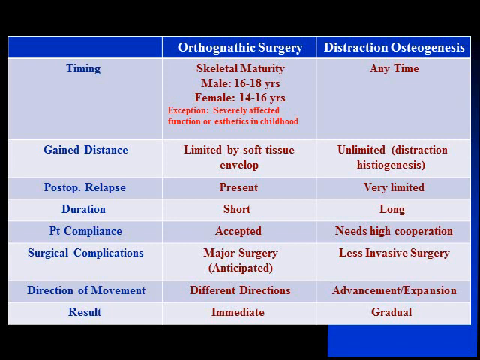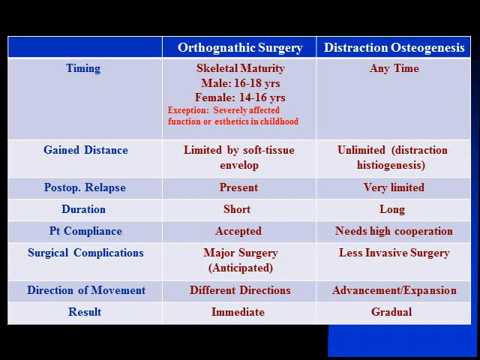So if we have a child with severe disturbance of function or aesthetics that make him handicapped or socially isolated, we have to treat this patient early in life with the possibility to repeat the surgery again after puberty. We have to inform the parents about that, but this exception we can do it early.